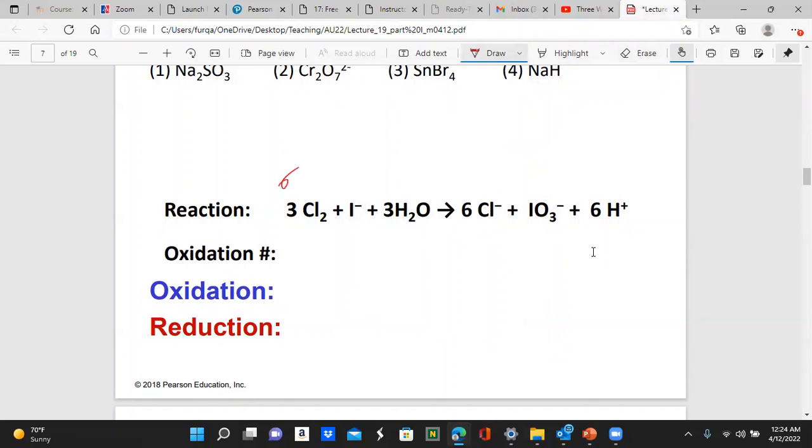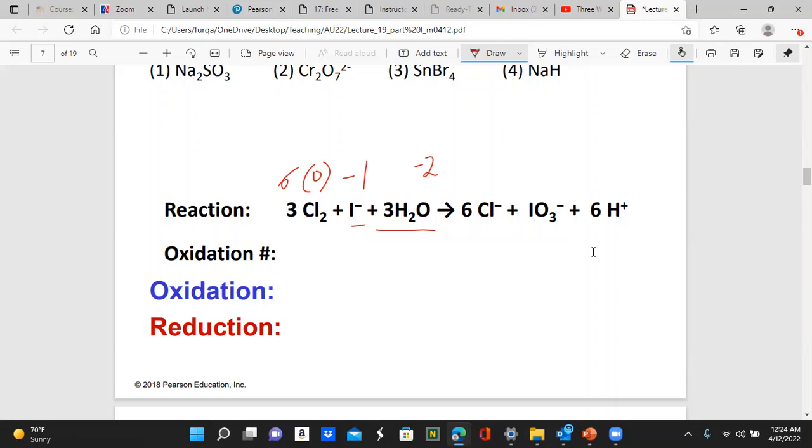So 6 chlorines, but all of them have oxidation state 0 in its elemental form. Iodine here is just 1 minus, so it's going to be -1 oxidation state for iodine. There's just 1 iodine here. For this water molecule, I know that oxygen is -2, so it's just 1 oxygen here.